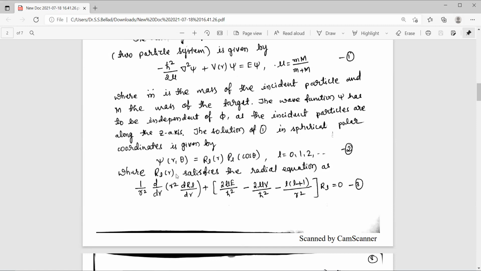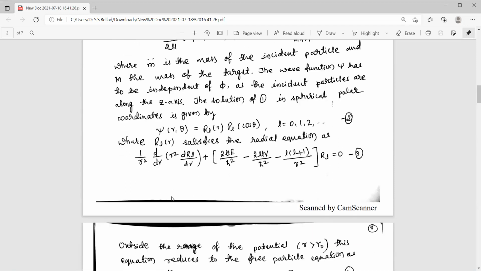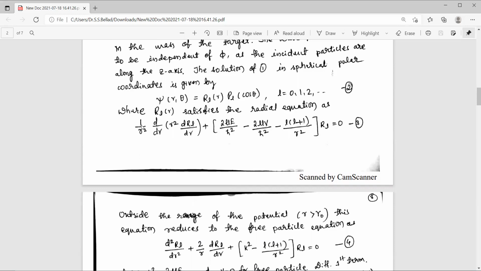And this R_L of r satisfies the radial equation of the two-particle system given by this equation. So this is 1 by r square into d by dr of r square into dR_L by dr plus the terms in this bracket into R_L is equal to 0. This equation 3 is nothing but the radial equation of the scattering phenomena.